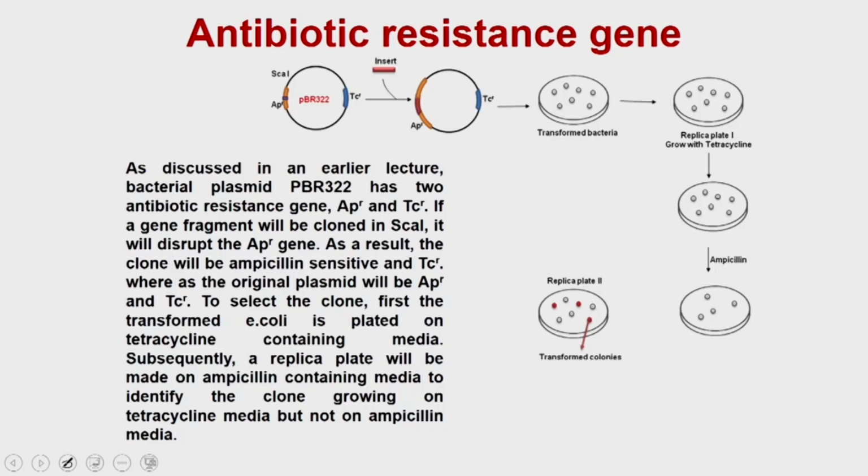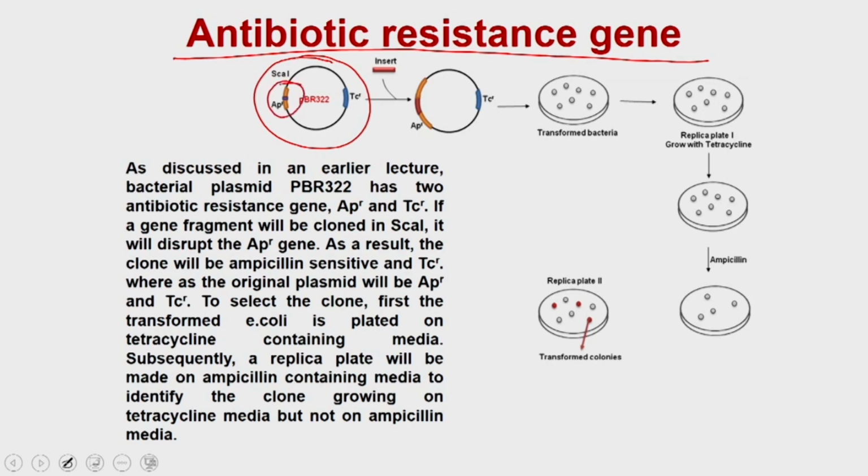Now, let us talk about the antibiotic resistance gene. If you remember, we have discussed pBR322, one of the classical and the first vectors developed by molecular biologists, and pBR322 has two antibiotic resistance genes.